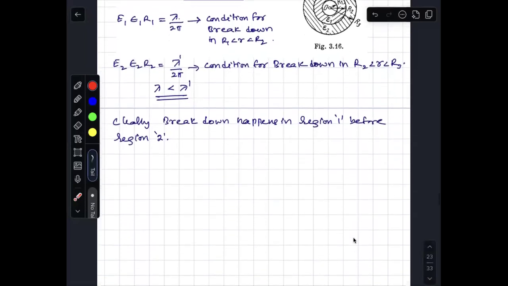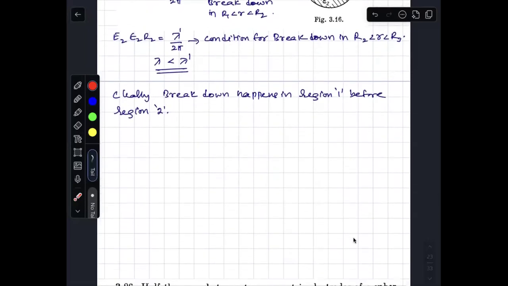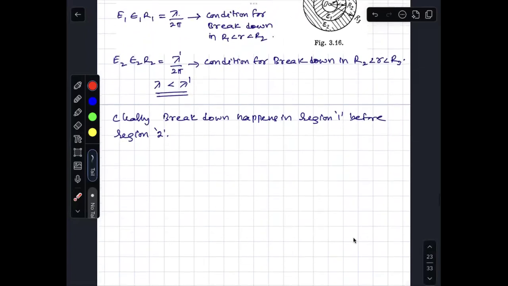So from this I can conclude that now we will assume, hold on, now we will assume a lambda situation, not a lambda dash situation. Fine, no issues. Now I am changing my notation.